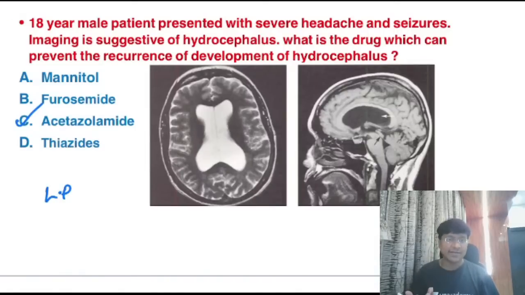And what are all the treatment options? One is your ventriculoperitoneal shunt, and the other important treatment option is optic nerve sheath fenestration, whenever there is chronic papilledema developing because of raised intracranial pressure.